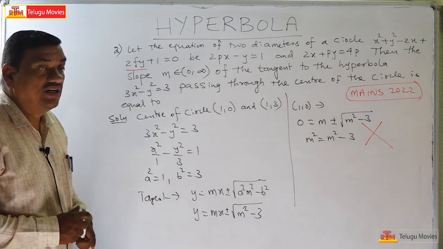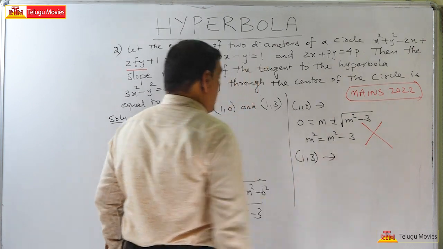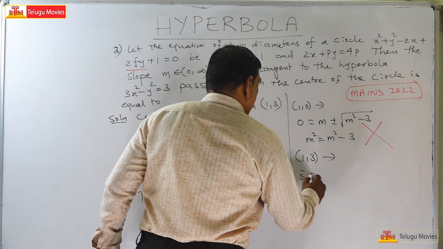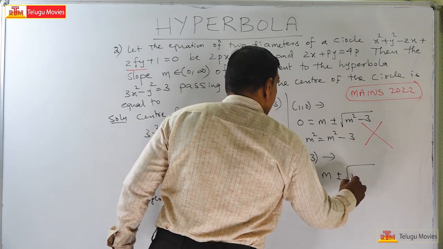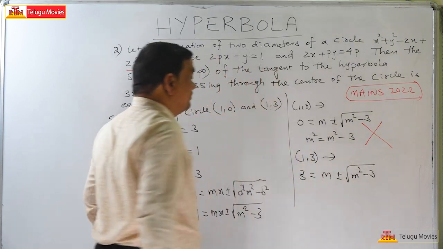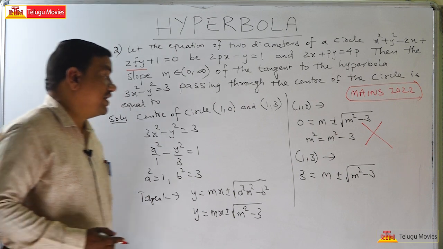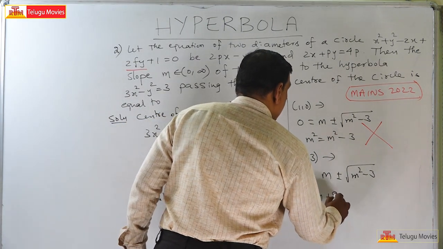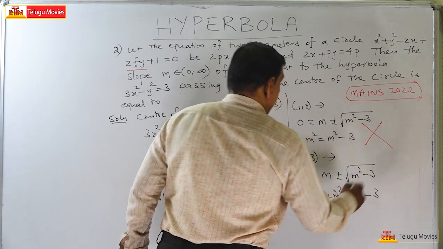Now, let us substitute in the other center, that is 1 comma 3. Substitute here y value is 3. 3 is equal to m plus or minus root of m square minus 3. Now bring m to the left hand side and squaring on both sides, this is 9 minus 6m plus m square is equal to m square minus 3.